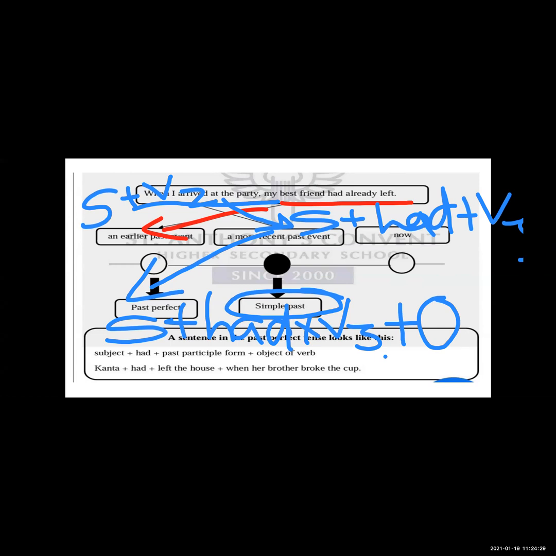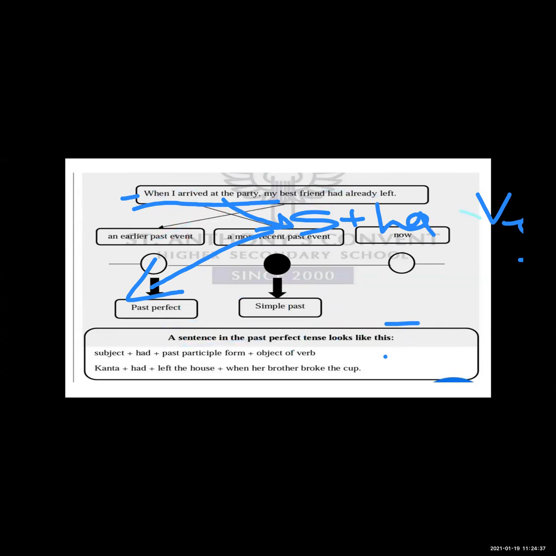This is the formula. Okay, let us see the example. Kanta had left the house when her brother broke the cup.